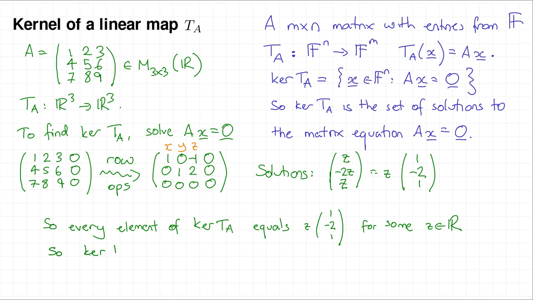So we could describe the kernel of T_A as being the span of just a single vector, 1, minus 2, 1. Alright, so it is a one-dimensional vector space. It has a single element, 1, minus 2, 1, which spans it, so the vector 1, minus 2, 1 would be a basis for the kernel.